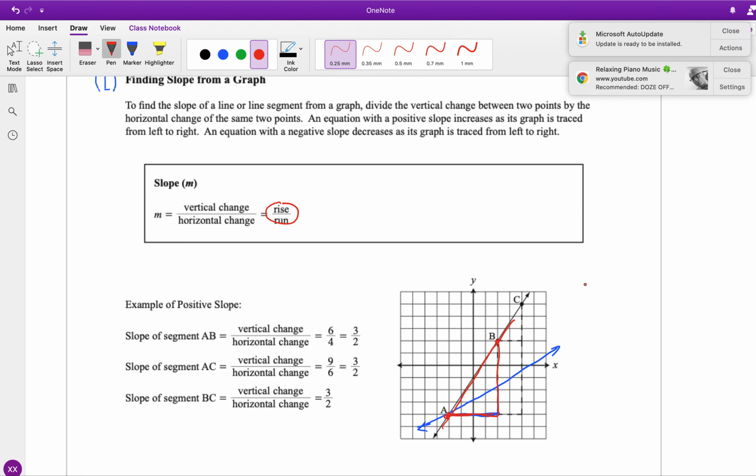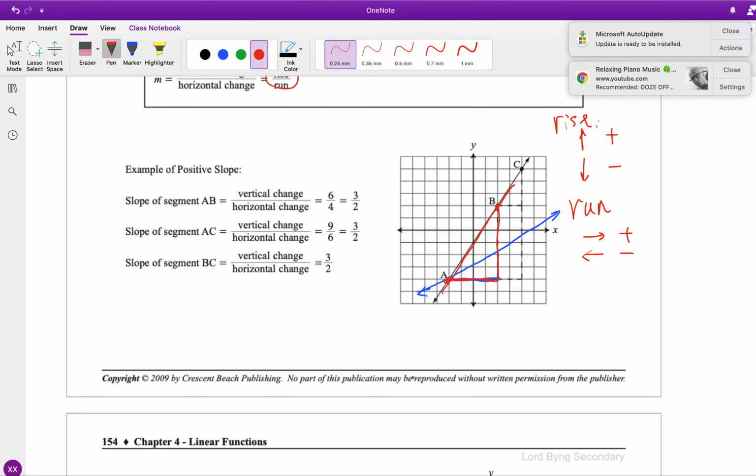Going up is positive and going down is negative for rise, and for run, going right is positive and going left is negative. So 6 over 4, then your slope is 3 over 2.